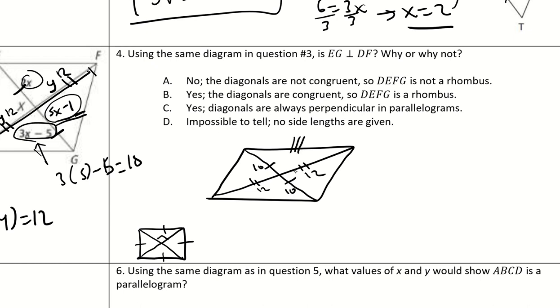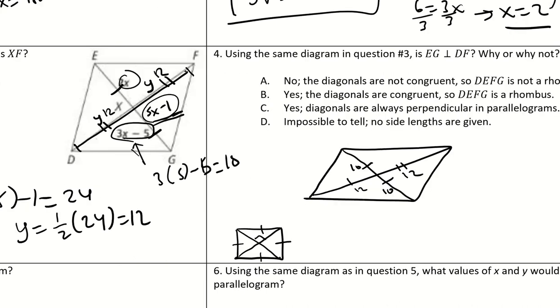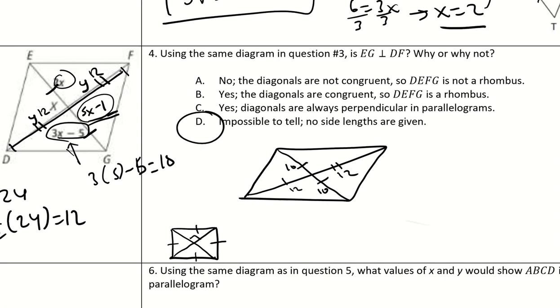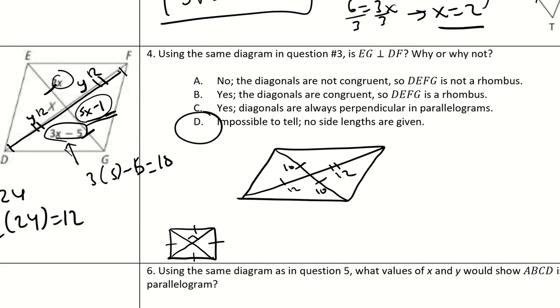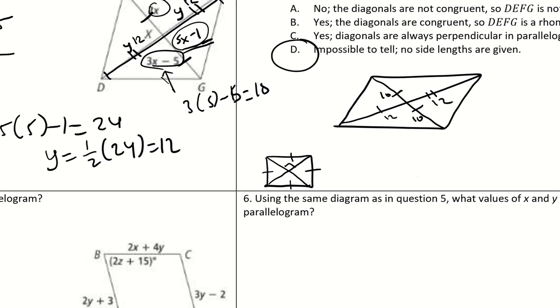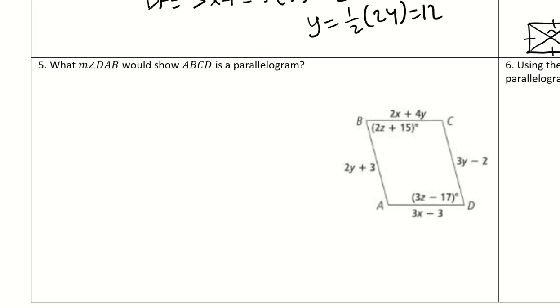We have to know that this is congruent to this is congruent to this, but we do not know that. And so therefore we're going to say that it's impossible to tell. There's no way that we can tell what those sides are based on the information given. So that's going to be a no. We don't know.